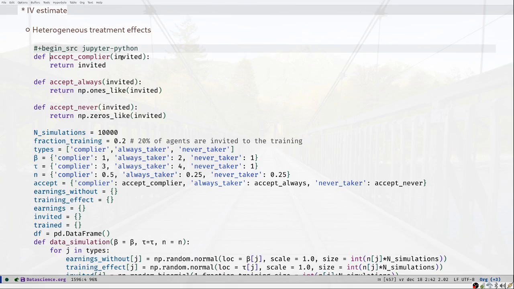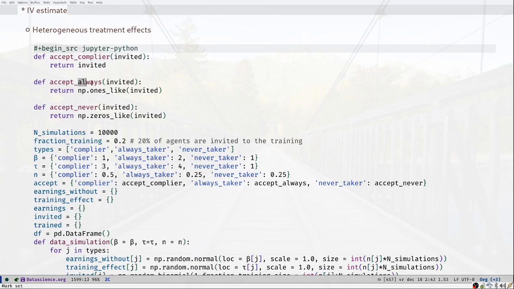Compliers basically follow the invitation, so the function returns this vector invited again. They go for training if invited is 1, and they will stay away from the training if invited is 0.